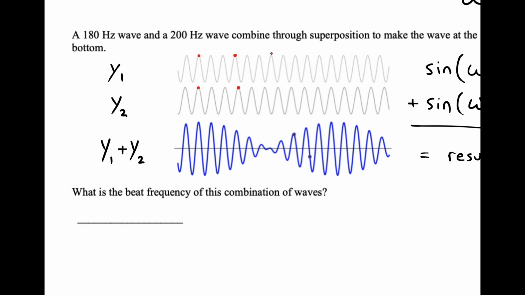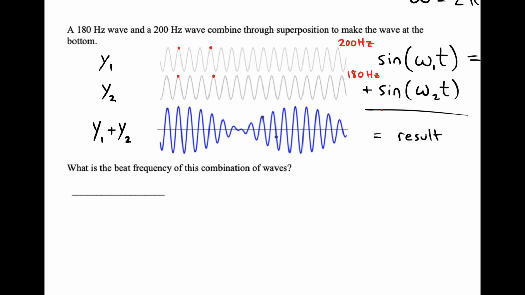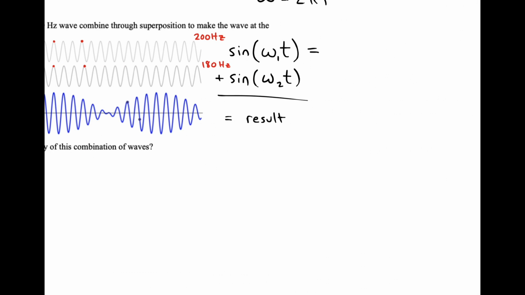So the top wave must be the higher frequency wave, and the bottom wave must be the lower frequency wave. So the formula for the top wave must be sine of 2 pi times 200 hertz, and the bottom wave must be the sine of 2 pi times 180 hertz.